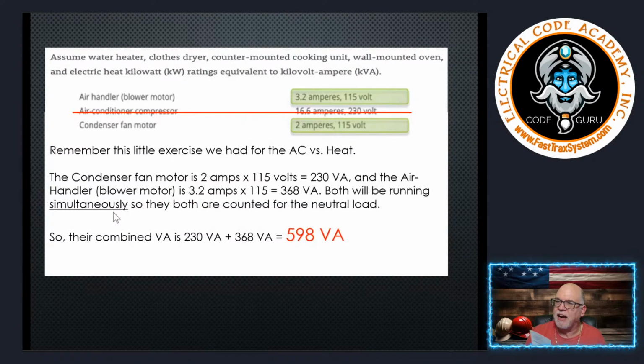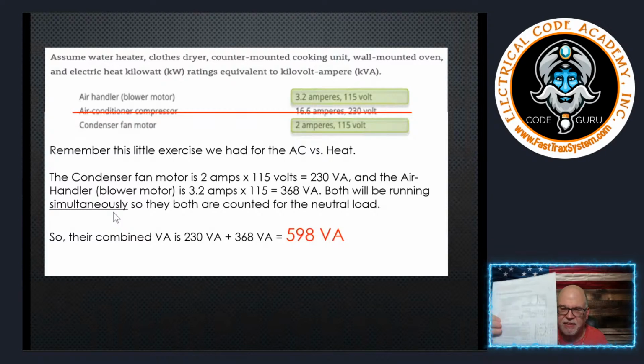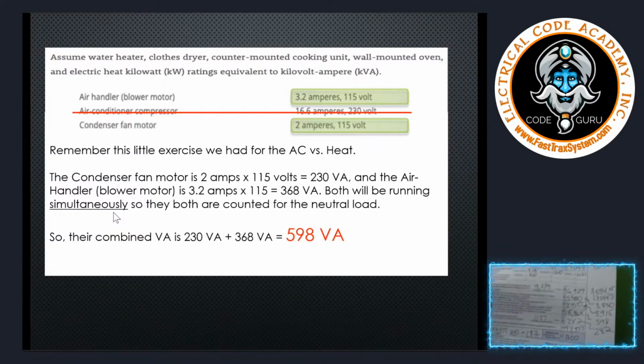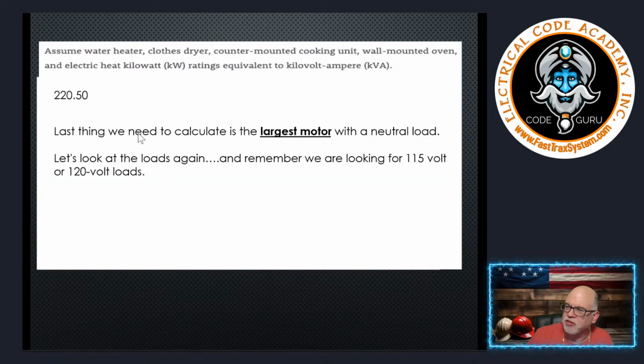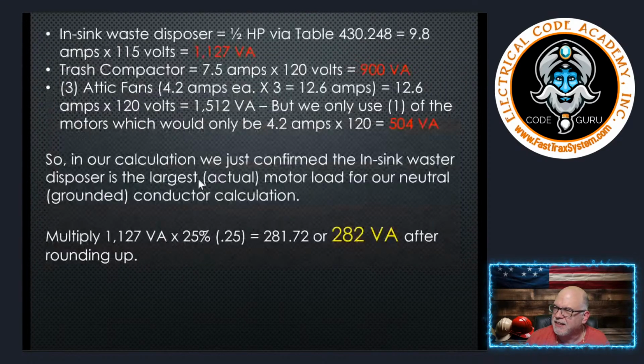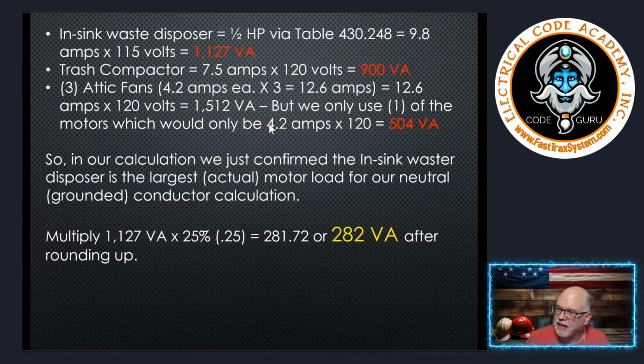And there's the air handler and the condensing fan, the 585. As you can see, that's what we got down there, under that 5,915. Check. And that largest motor that we still have to take into consideration, don't forget that. We looked at it all, and it was still the same situation when it came to neutrals.